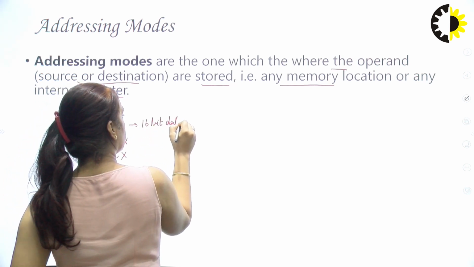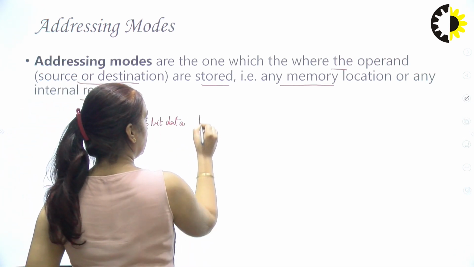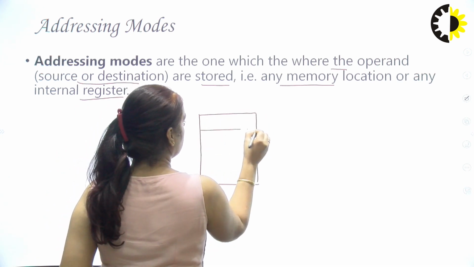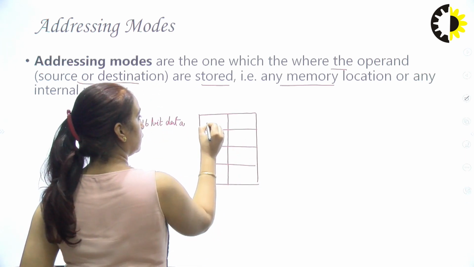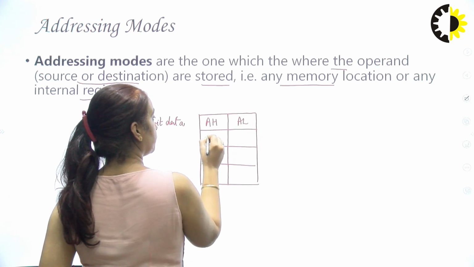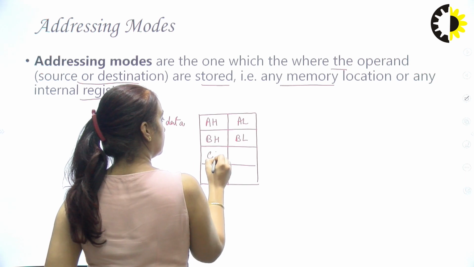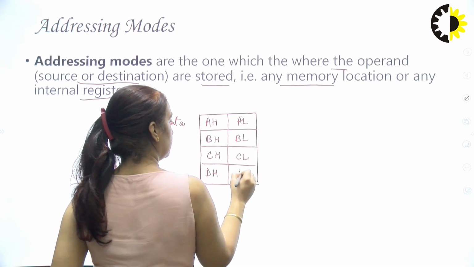And we can view them as AH, AL, BH, BL, CH, CL and DH, DL.